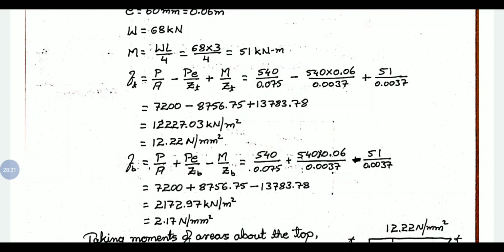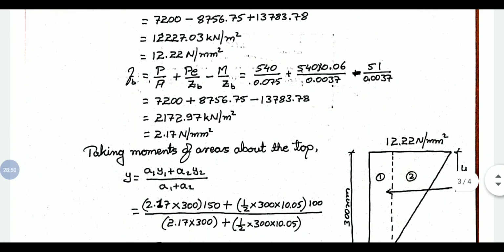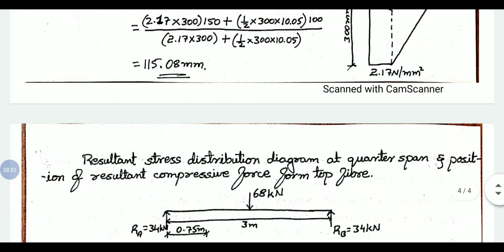If the problem is asked for about 4 to 5 marks, you can go with the first method only, as in the case of the first problem. If it is asked for more than 5 marks, better you solve it by calculating the fiber stresses. So this is about your first module. Thank you.